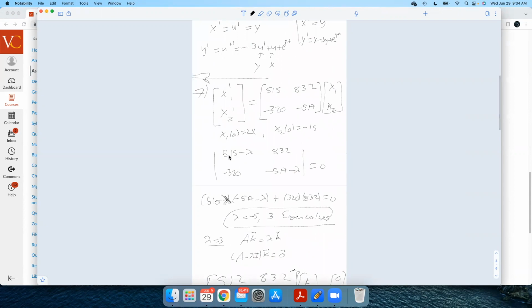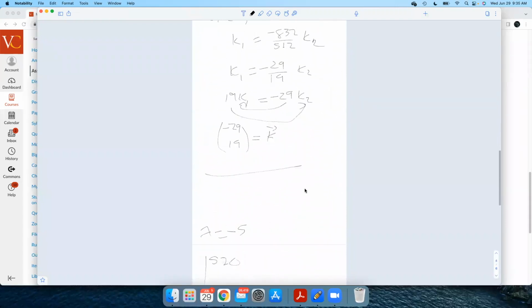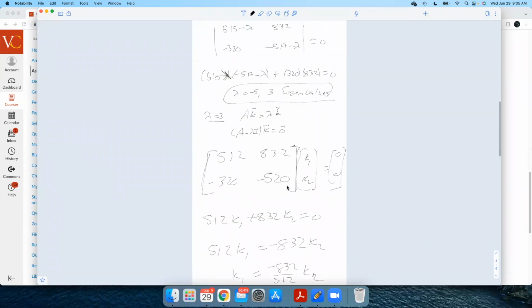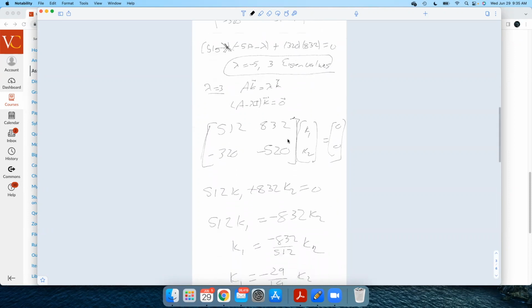So I want 515 minus negative 5. That'll be 520, 832, negative 320. And then, oh well, we got a lot of negatives here. Negative 517 minus a negative, so plus 5. So that'll be 512.